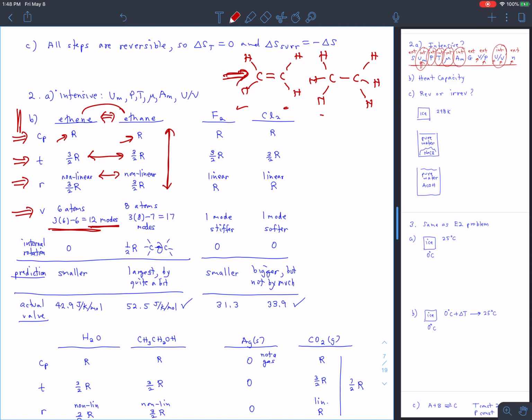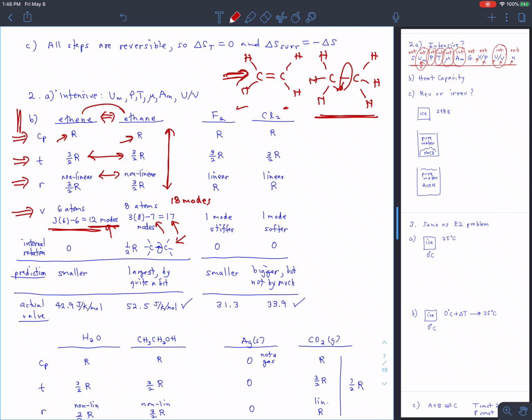For ethane, on the other hand, there are 8 atoms, so 3 times 8 minus 6 would be 18 modes, but one of the modes has been replaced by this internal rotation. Whenever you have internal rotations, there's one less vibrational normal mode in the list of vibrations. And so it's 3n minus 7 for this case, so 17 normal modes. So there are already more normal modes for ethane than there are for ethene.